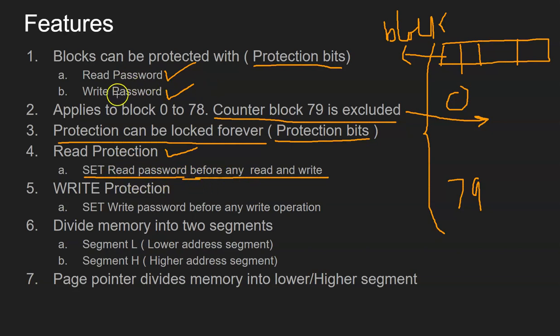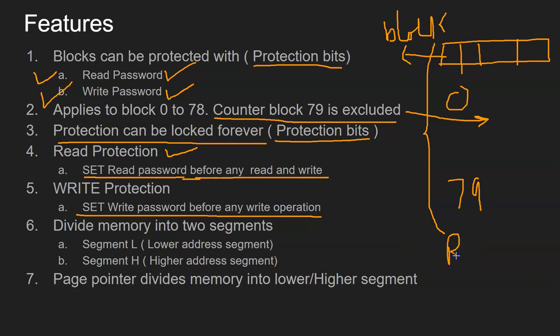Now if the block is set to use a write password, you have to first send the write password before any write operation can be done. So you can have both a read password and a write password, or a combination of those.